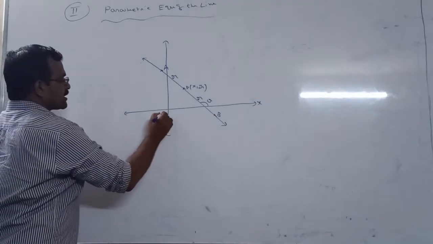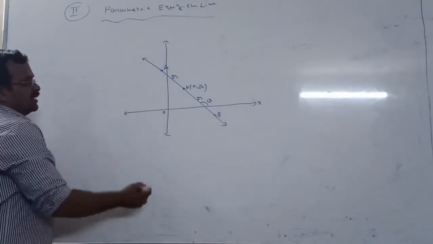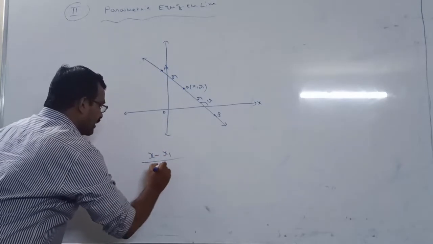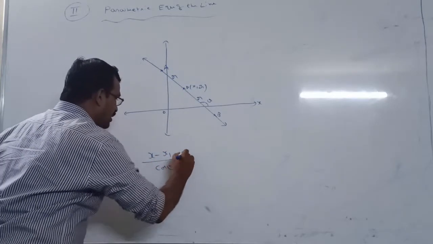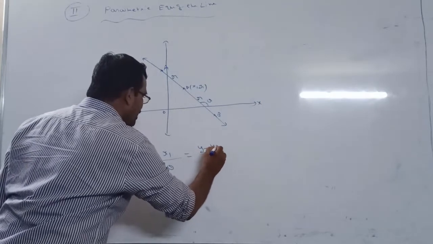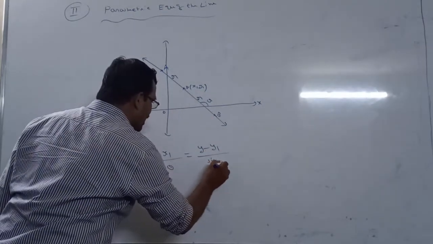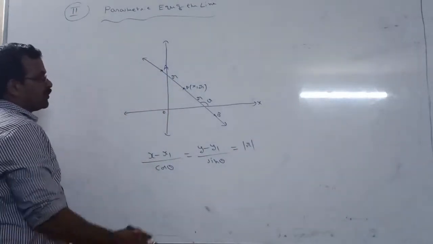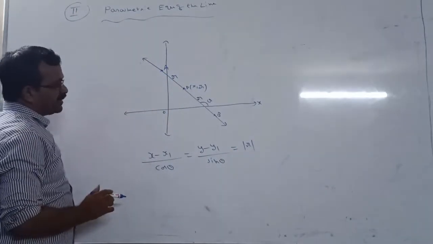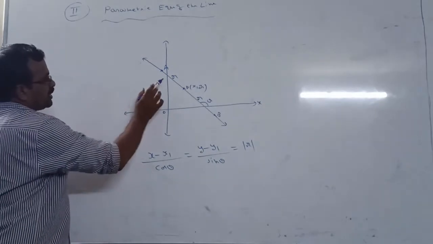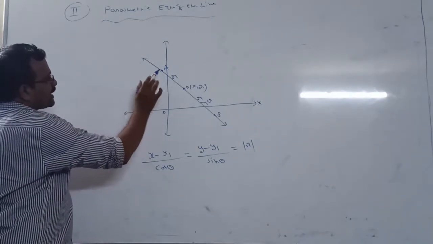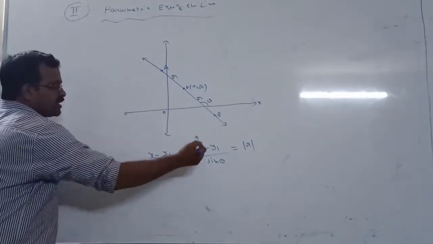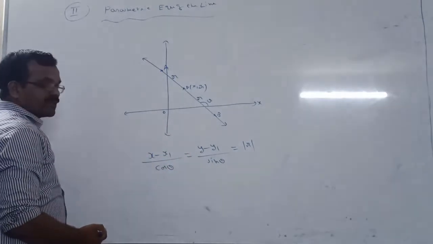In this case, (x minus x1) by cos theta equals (y minus y1) by sin theta, which is called the parametric equation.